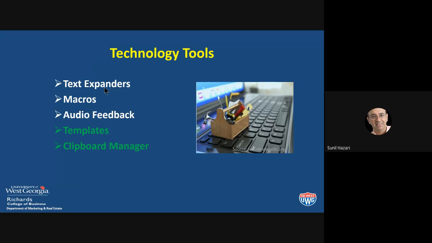Course then lets you give students audio feedback also. I'm aware of these, but I don't use them a whole lot. But the ones that I use are just standard templates that I'll show you, and a tool that I found which has saved me literally hours and hours of work, and that's a clipboard manager. So let's take a look at that.